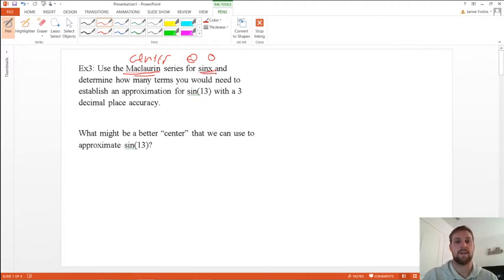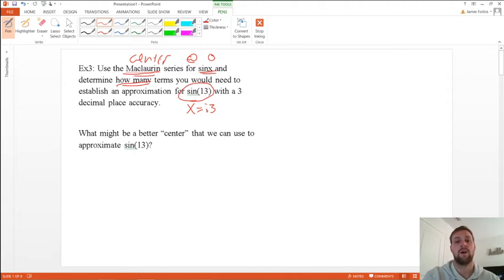And determine how many terms. We have to figure out how many terms we're going to need to establish an approximation for sine of 13. If my function is sine of x and I'm doing sine of 13, that means x is equal to 13.